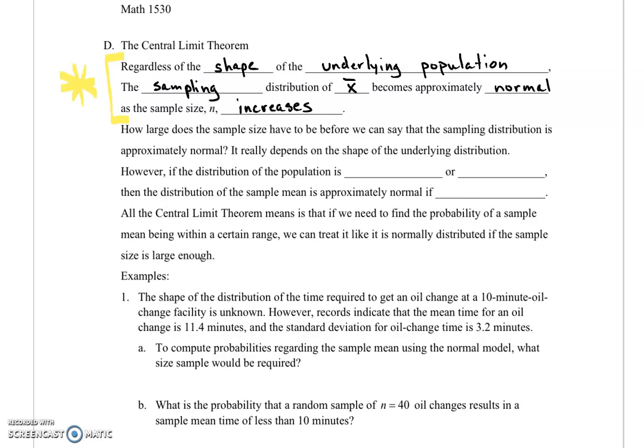So how large exactly does the sample size have to be before we can say that the sampling distribution is approximately normal? Well, that really depends on the shape of the underlying distribution.